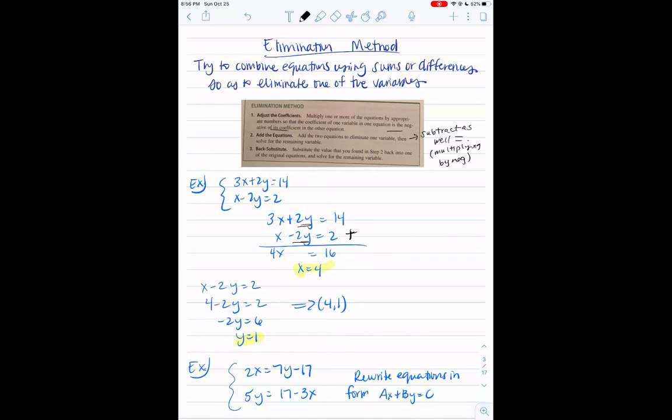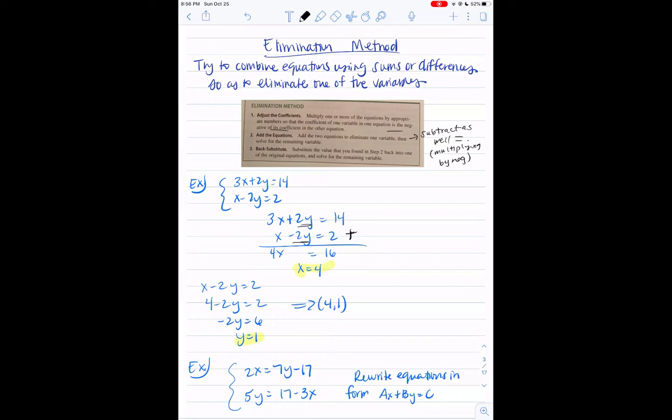The key here is that we want to get basically opposite values of a variable, and so when we add them, they're going to cancel, and then you eliminate that variable. So you're going to add the two equations to eliminate one variable, then solve for the remaining variable.